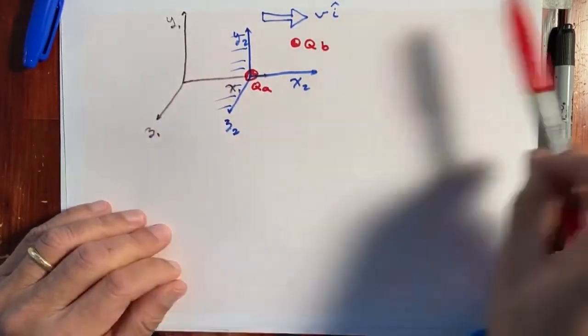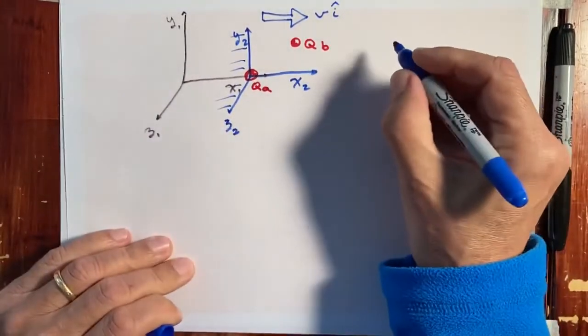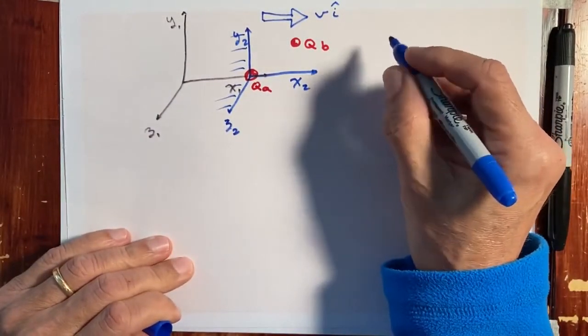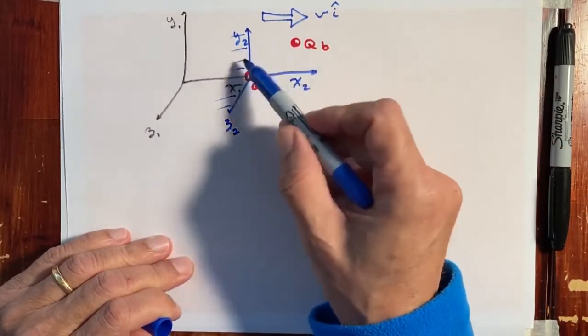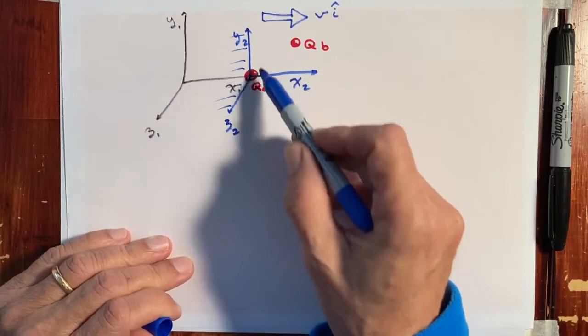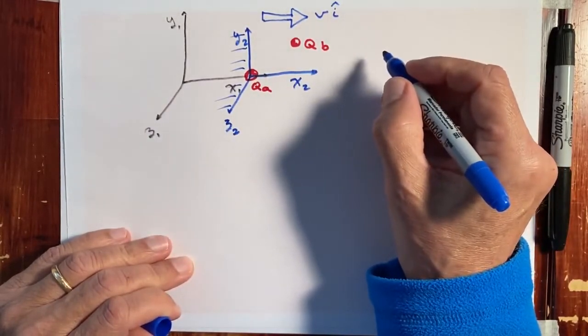What are they going to see in the first frame of reference is the question we want to know. First of all, there is no z component because both of these particles are in the xy plane here. So the z component is 0.